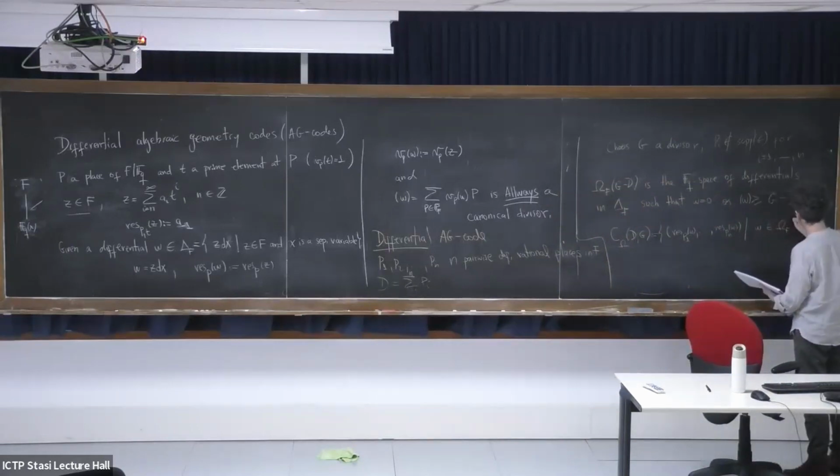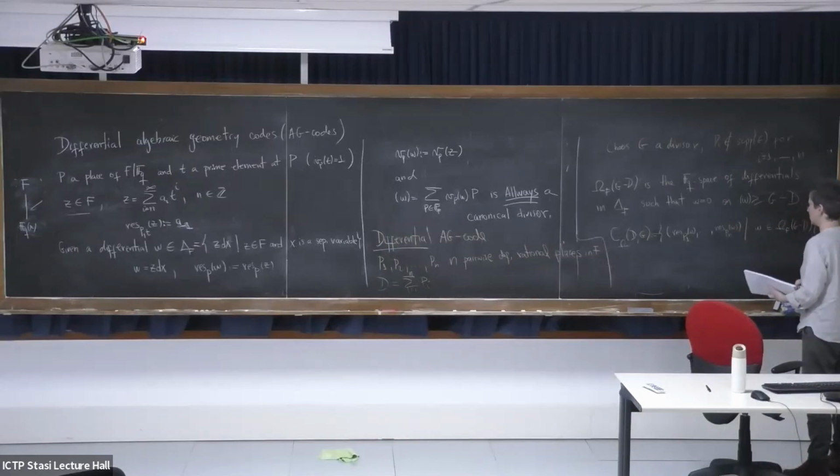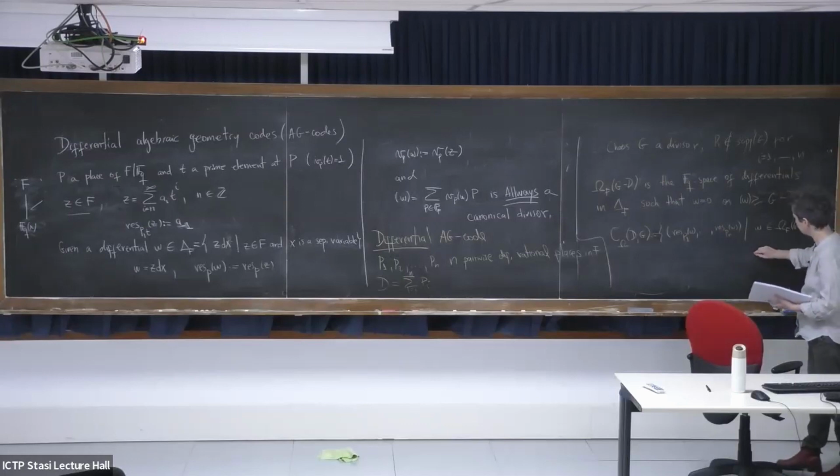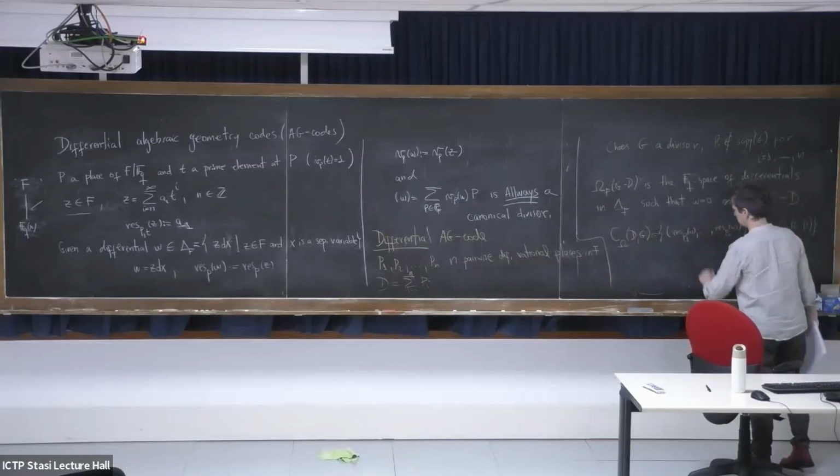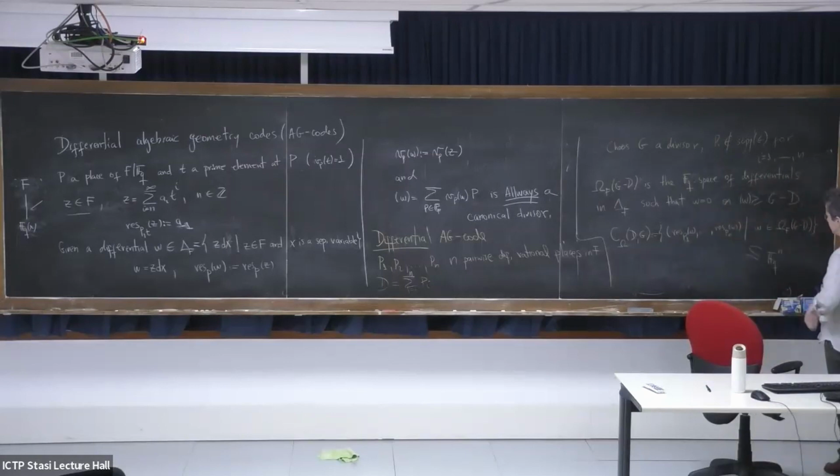So, okay, and well, this is contained in F_q to the n, you have P1, ..., Pn, and since your differential lives here, this is well defined. Okay, so this is what you are computing, the residues, and okay, so we have this.